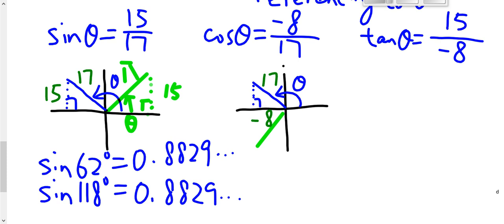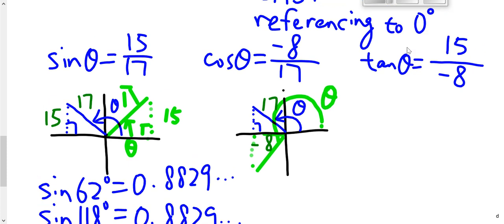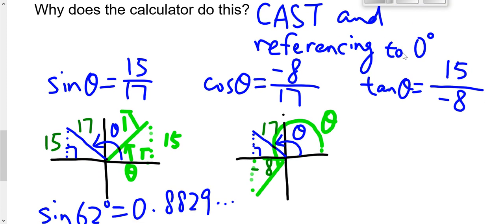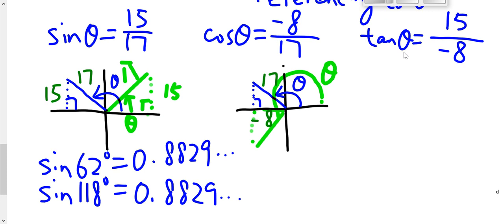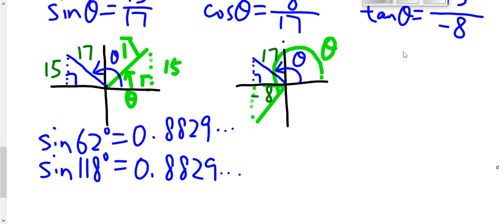But then our angle theta would be this. And we also have the hypotenuse with a length of 17, like this. So now look at this. Adjacent -8, hypotenuse 17.